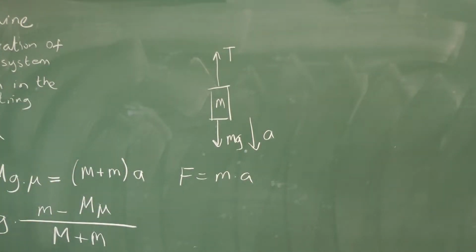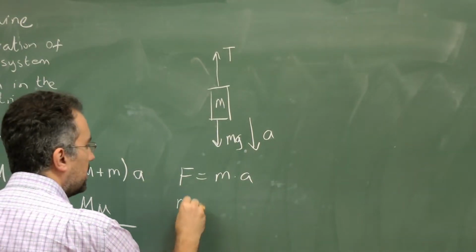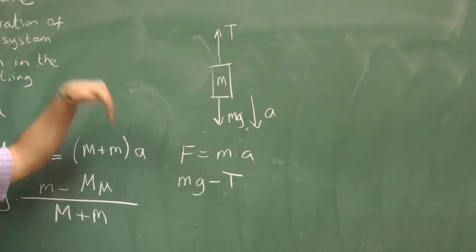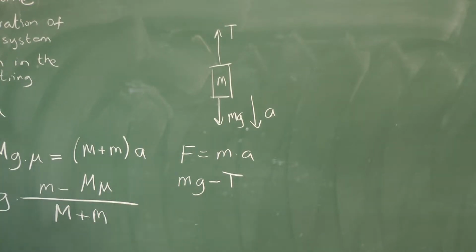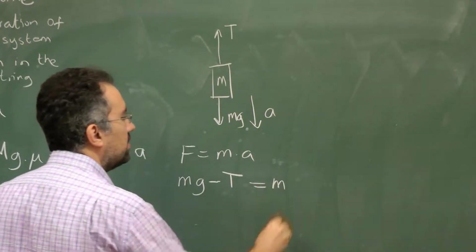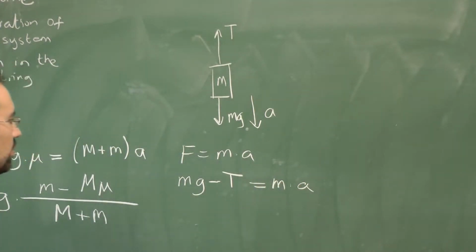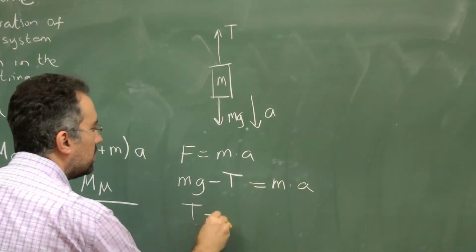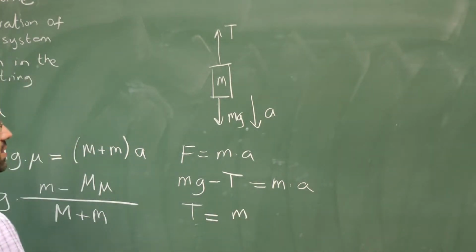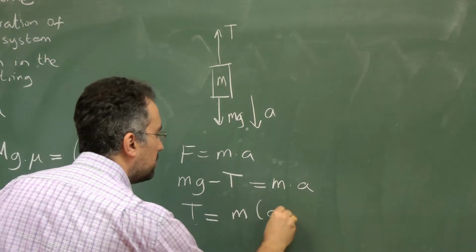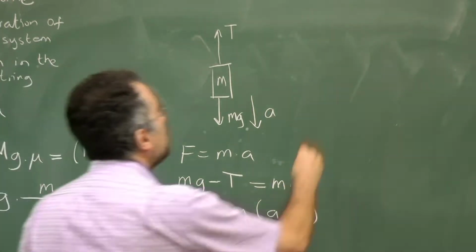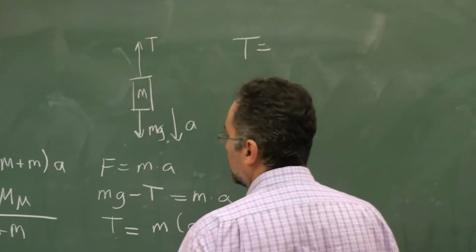Now, the net force on it is mg minus T. I took down as the positive direction because, well, I prefer a positive a, equals little m times a. So the tension in the rope will be m times (g minus a).